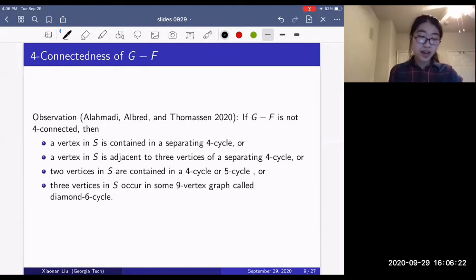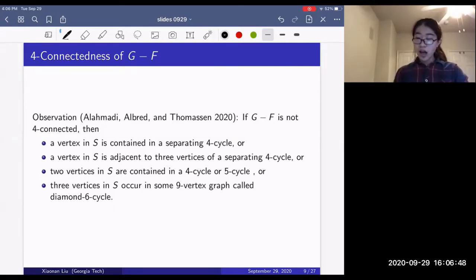So here we want to find the conditions on the independent set S. First, if we delete all edges in F and G minus F is not 4-connected, we want to say what will happen here.